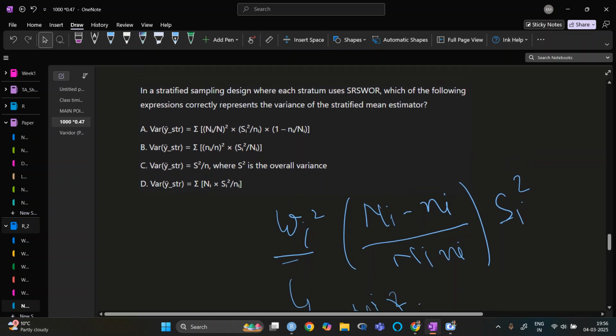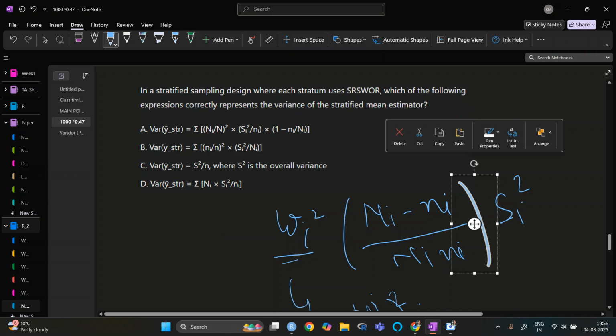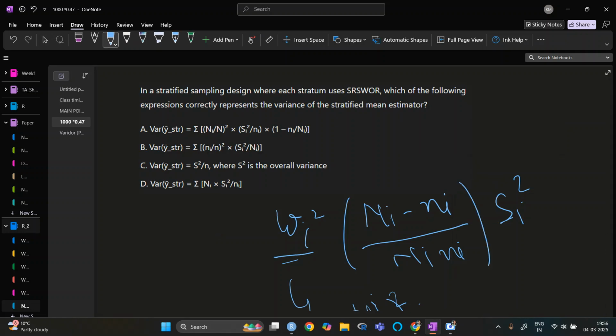And if I divide by capital Ni, what I can do is take a small ni outside and divide by capital Ni.